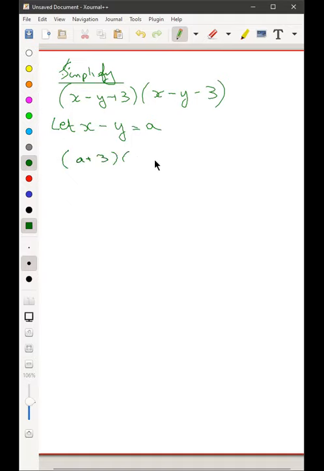So it will become a plus 3 and a minus 3. Now can you tell me what to do further? Yes, sir. a squared minus 3 squared, the whole thing, which is a squared minus 9. Ananya, that's correct.